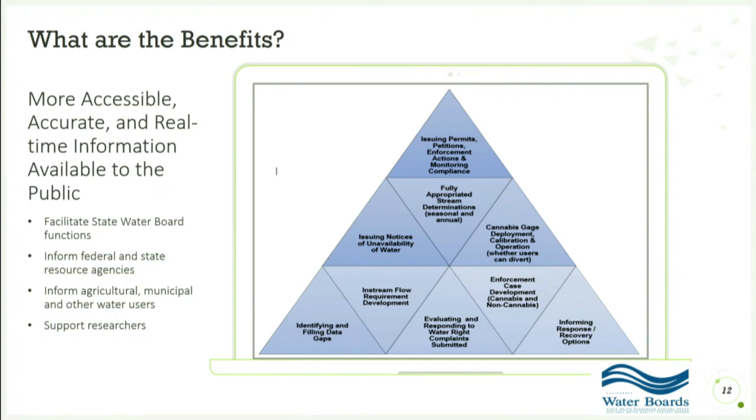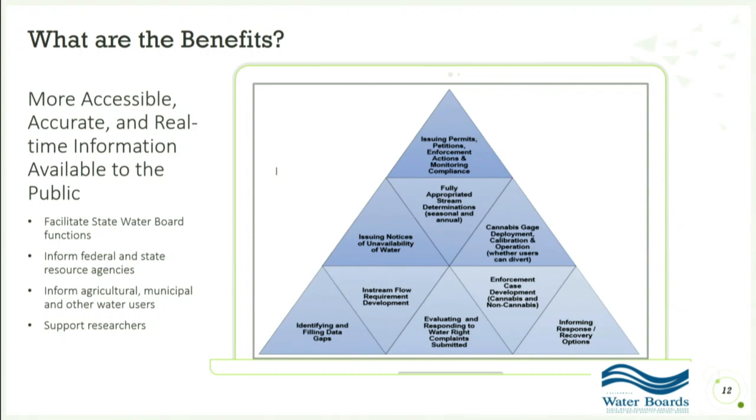The data will also help other federal and state resource agencies, such as the Bureau of Land Management, the Forest Service, Department of Water Resources, and Department of Fish and Wildlife.